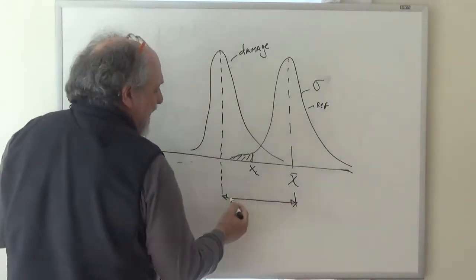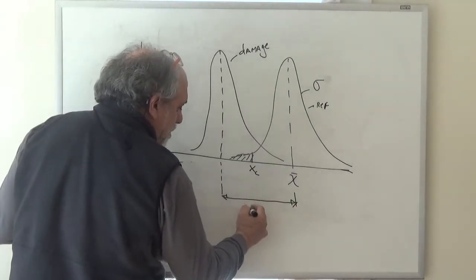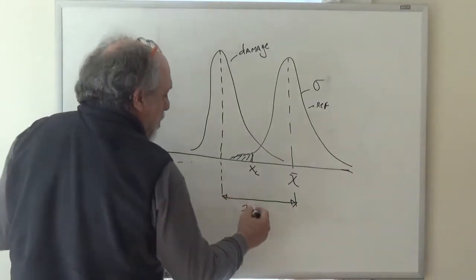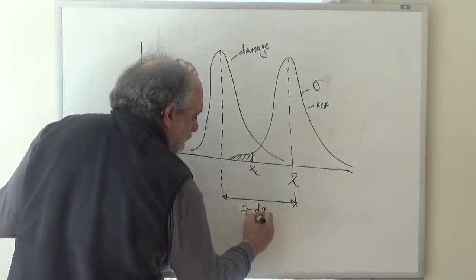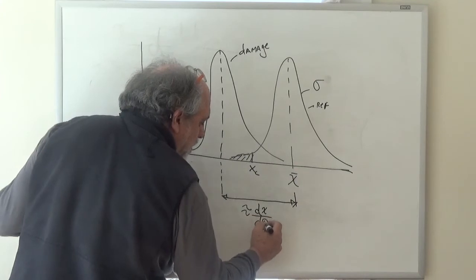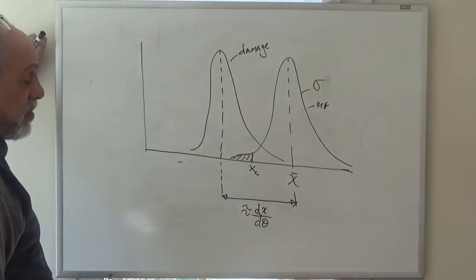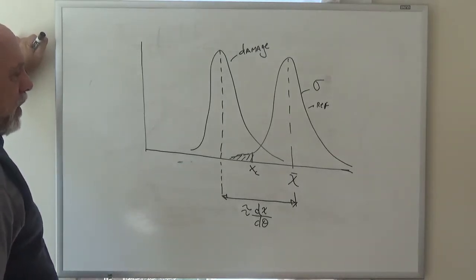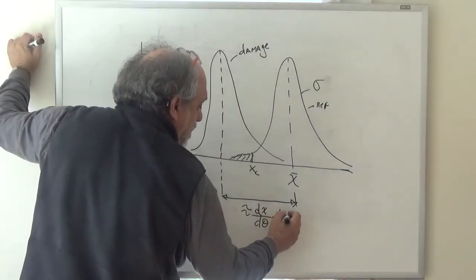Now, that distance is going to be approximately, if the damage is not too big, equal to the derivative of x with respect to the parameter that produced the damage. I'm assuming that in this case there is only one in order to make this sketch, right? Multiplied times the change in the parameter.